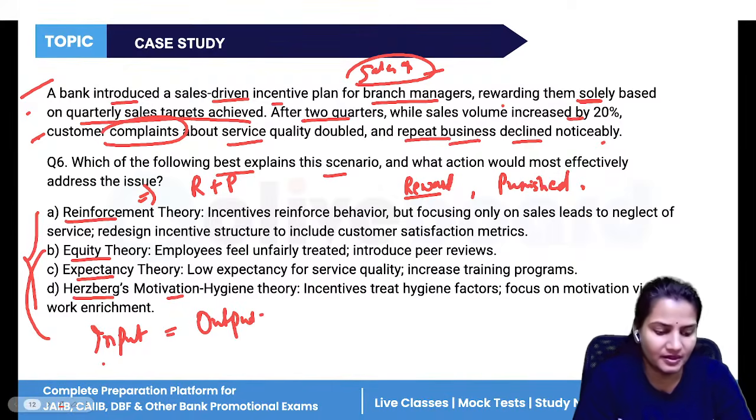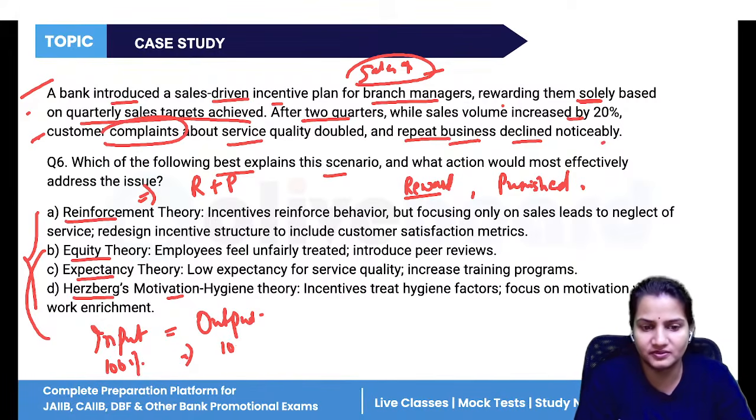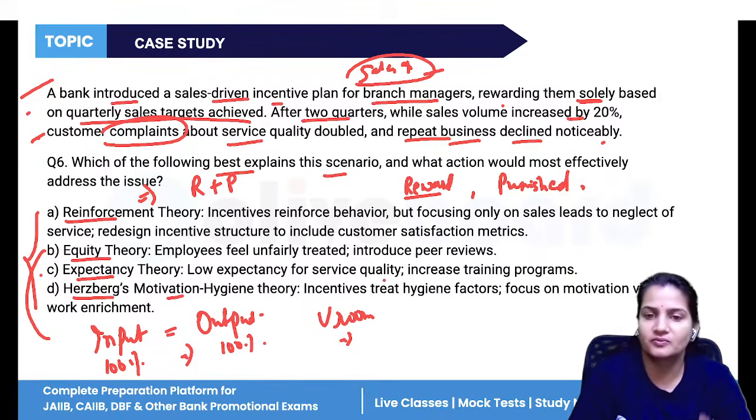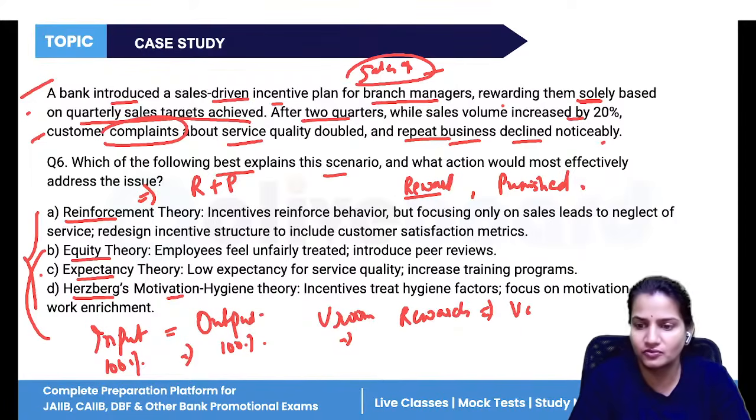If employees are performing 100% in the company, then it's your responsibility to provide them fair compensation, that is 100%.